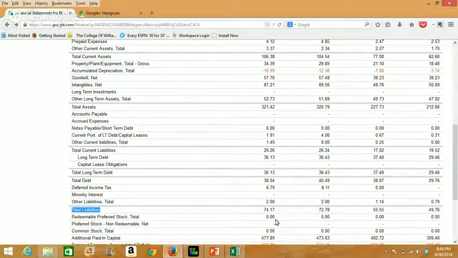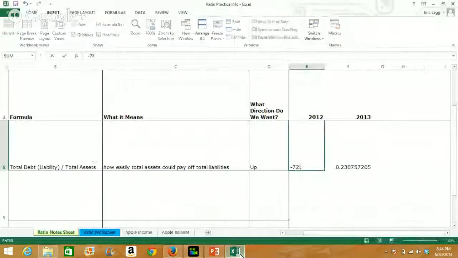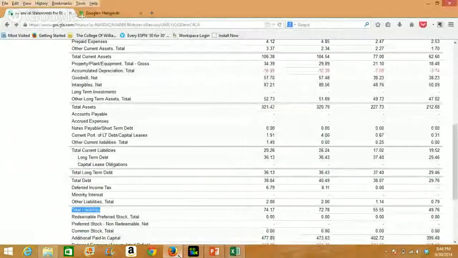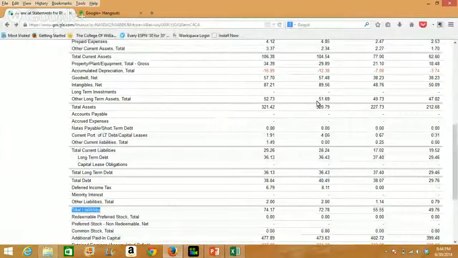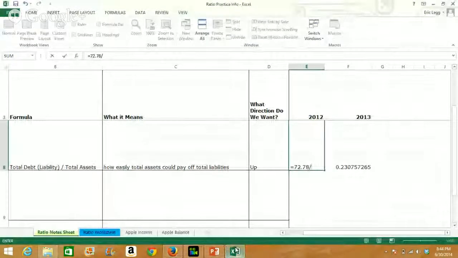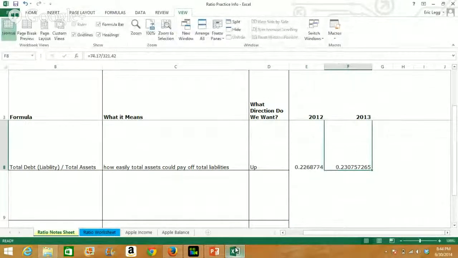Total liabilities 72.78 divided by total assets, I'm sorry, divided by total assets, 320.79. Okay, 0.22, so a little bit up.